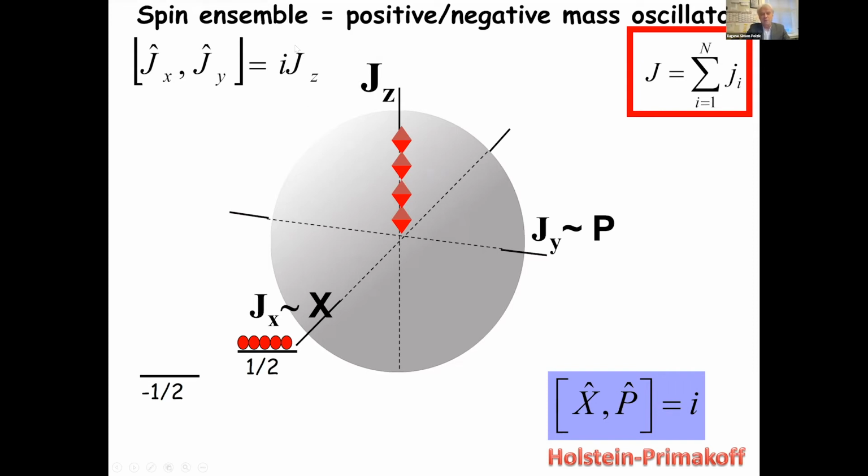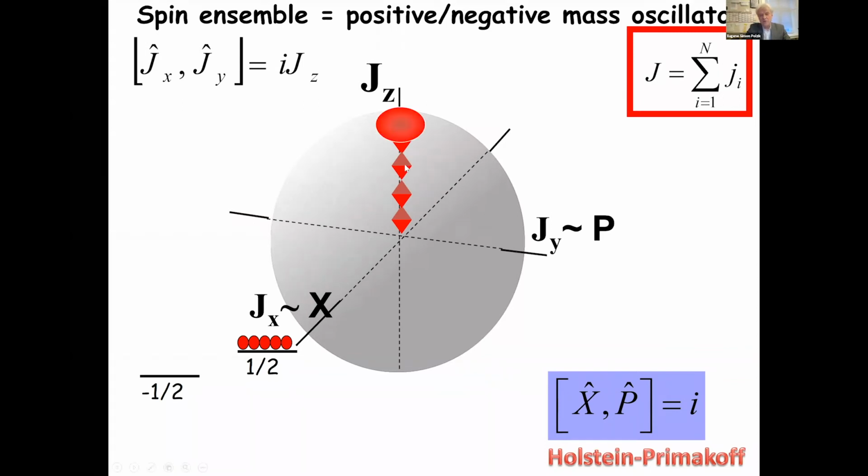It's macroscopic, and therefore I can take away the operator on top of it. And so the two interesting projections of this macroscopic spin are the projections on X and Y axis.